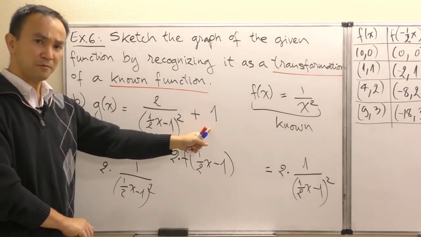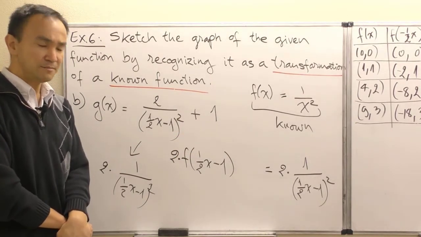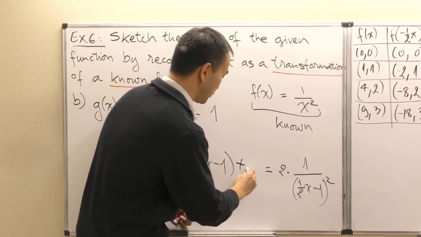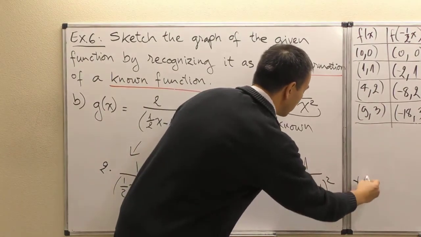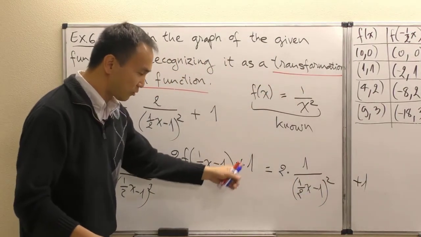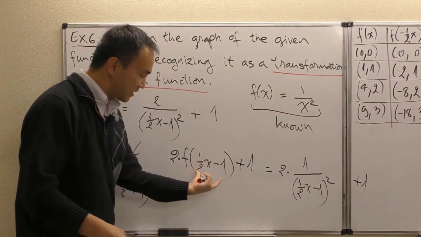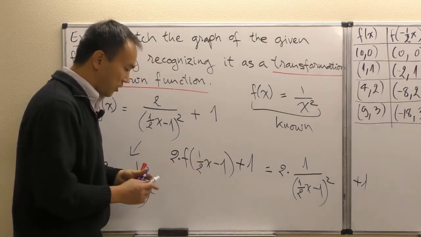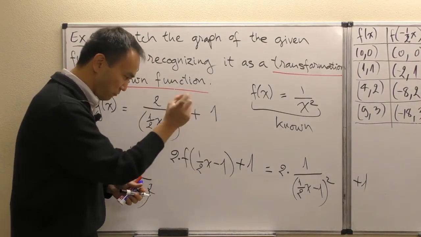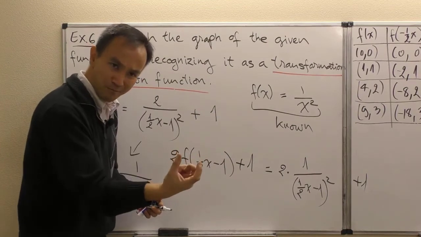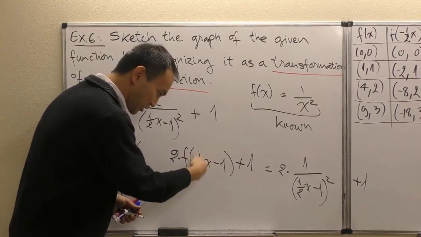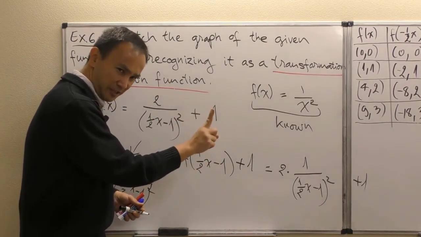So what about that plus 1? Simple. Plus 1. If we added 1 after taking that linear expression into f, and so once again, order of operation. We dump that input, that linear input, the whole thing into the function f. That's the first thing.